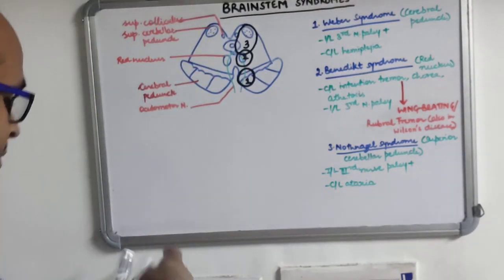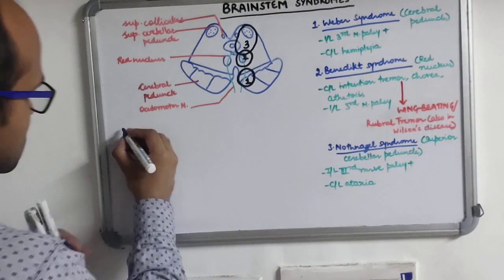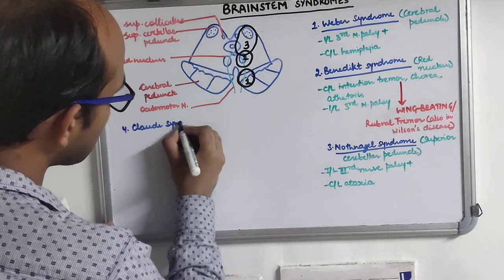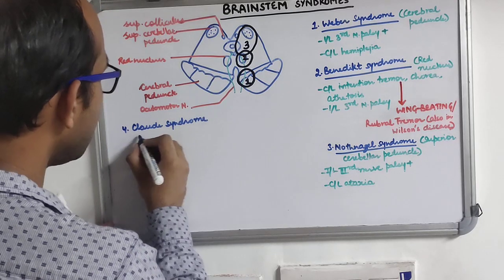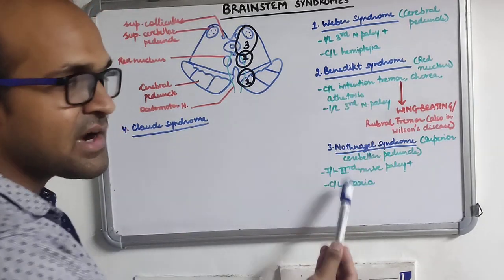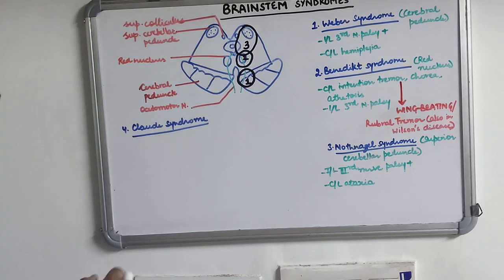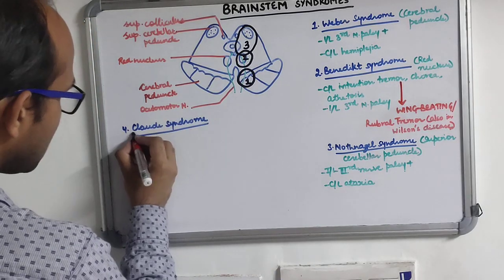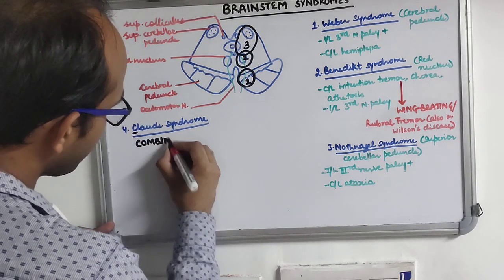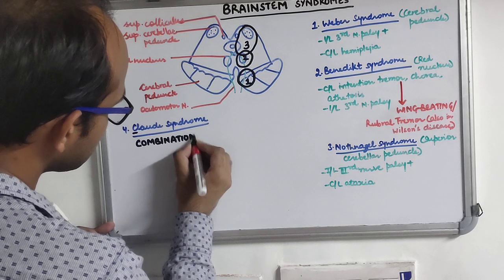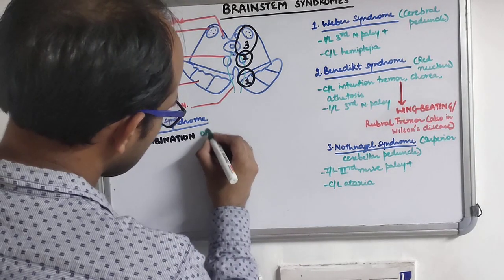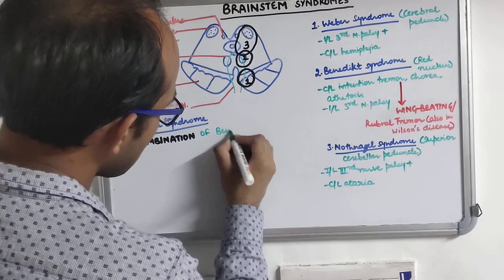Another syndrome we'll talk about is Claude syndrome. Let me tell you, C for Claude, C for combination. It is a combination of Benedict and Nothnagel syndrome.